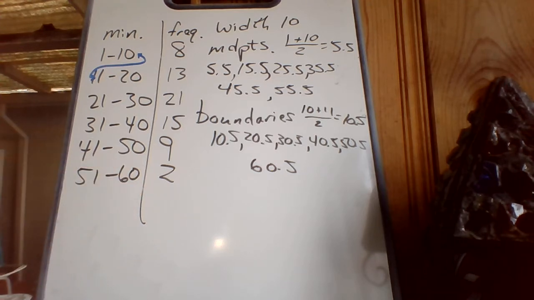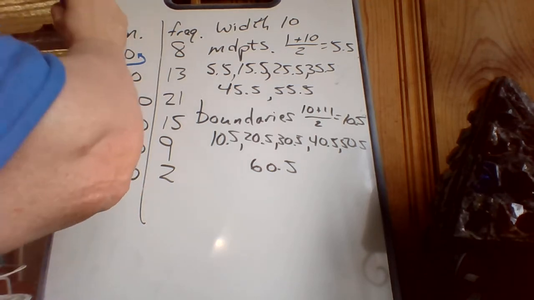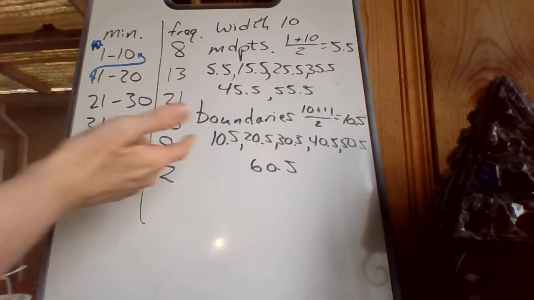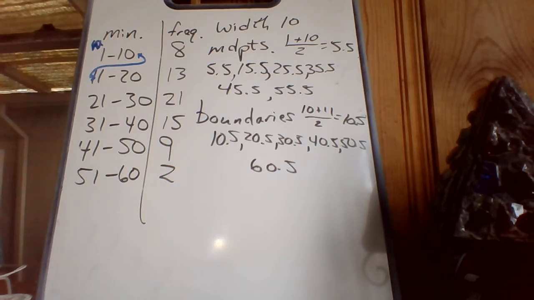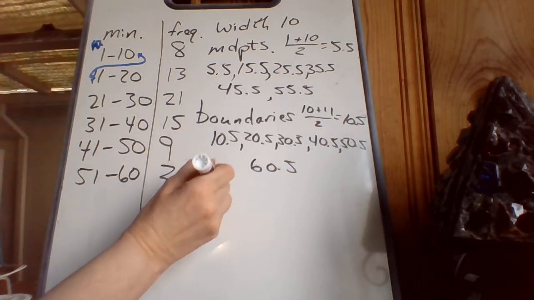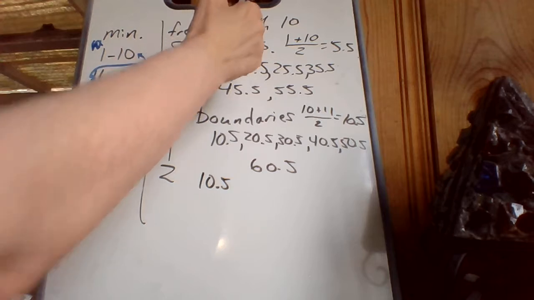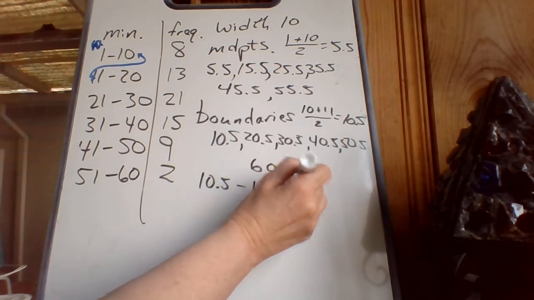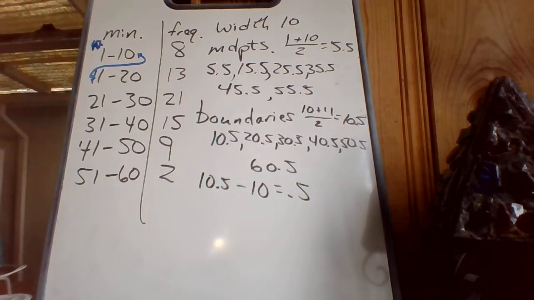But you have to go back and pick up the one right in here. You get that last one by taking your first one and subtracting off your width. 0.5. A lot of them come out negative.